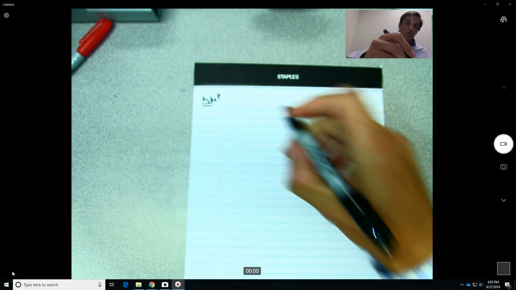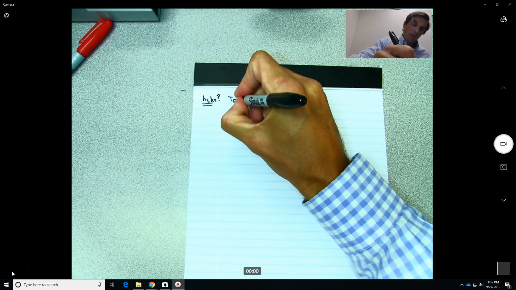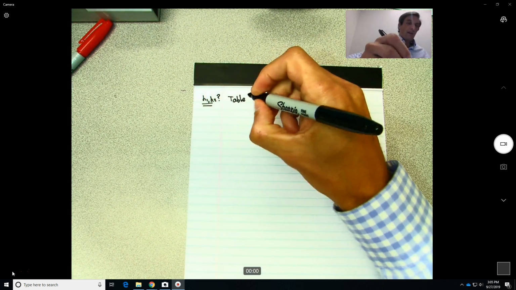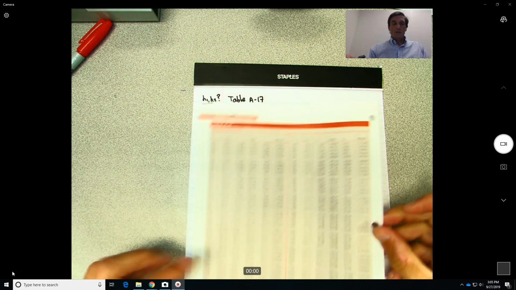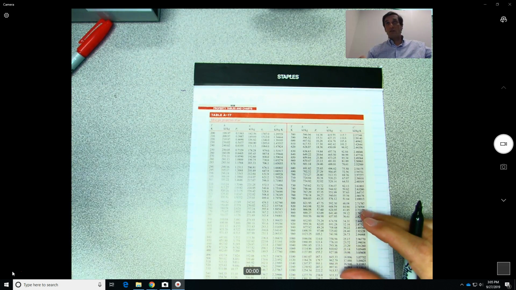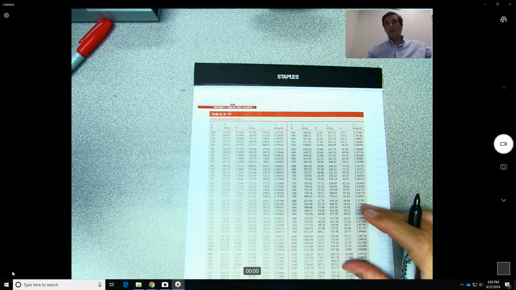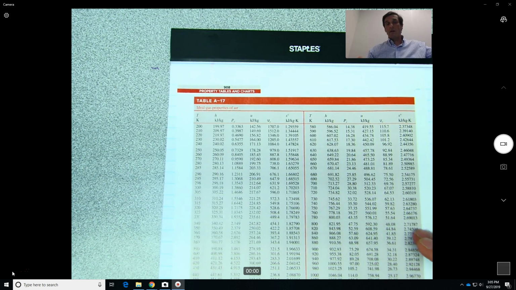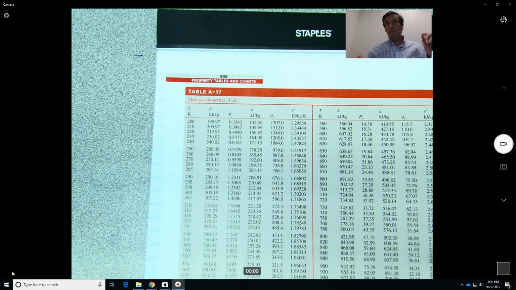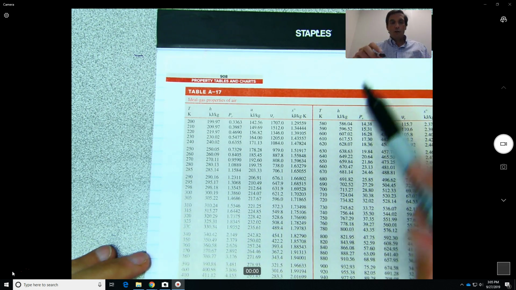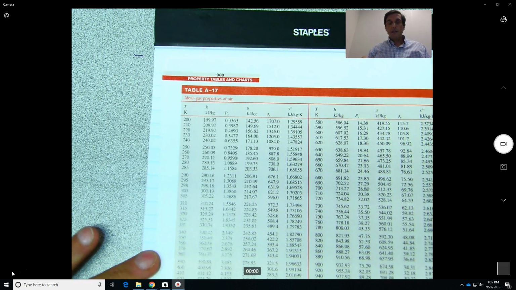One would be to go to table A17, okay, which is this one over here. And what do we know about the temperature at point 1? Temperature at point 1 is 305 Kelvin.